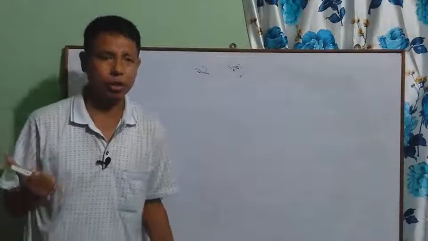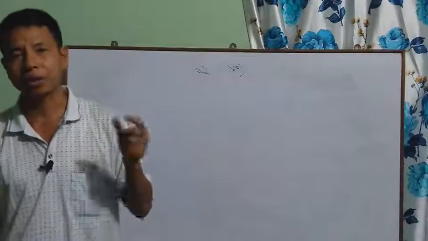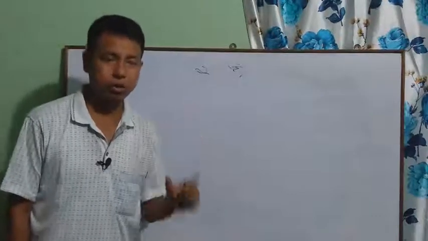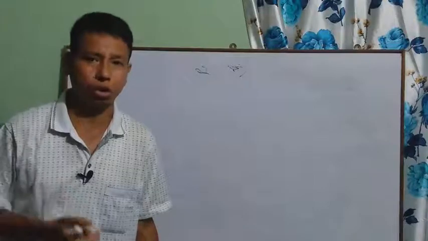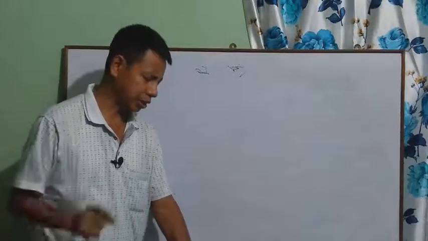Even here in our place during summer when it is very hot, we prefer to wear lighter color clothes, not the darker color. It is because darker color absorbs more heat and we feel more hot. That is why we prefer wearing lighter color clothes.